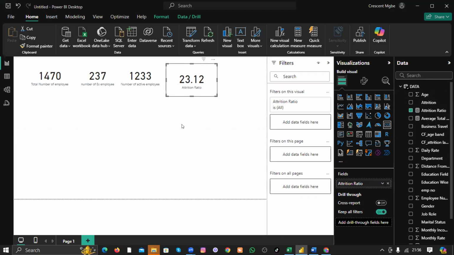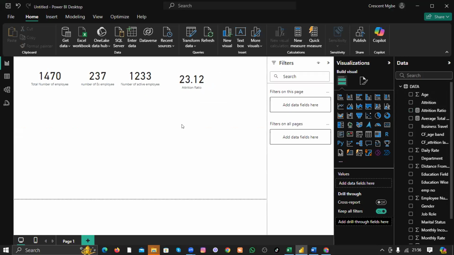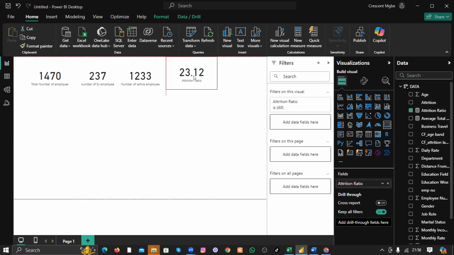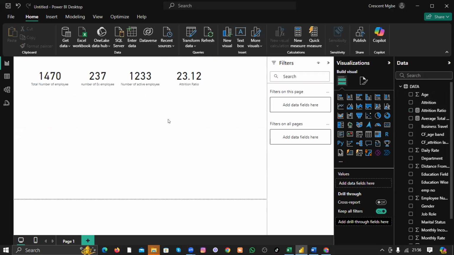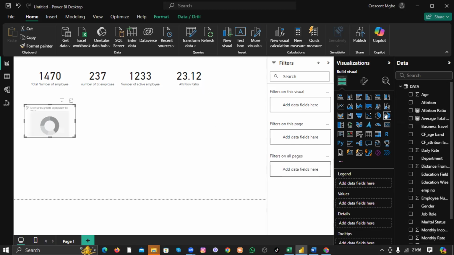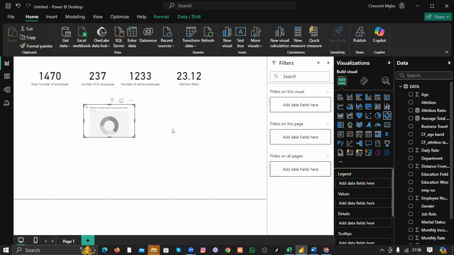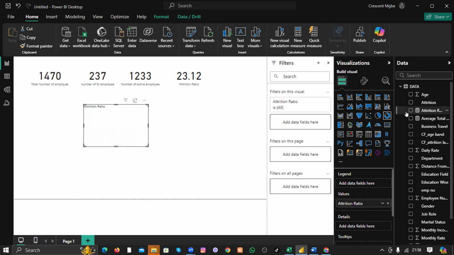Let me repeat that donut part where I lost you people. I was trying to explain that this attrition ratio is low. So this hospital is doing well. They are not losing a lot of staff. They are paying well. This is how to know if a company is paying well. If you bring up your donut chart or your pie chart, anyone you decide to use, then you put the attrition ratio inside.